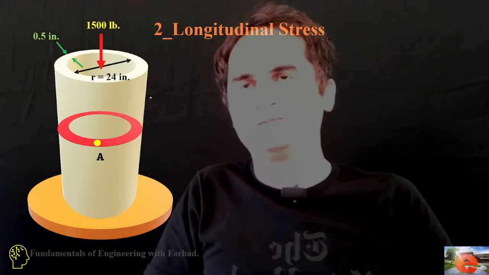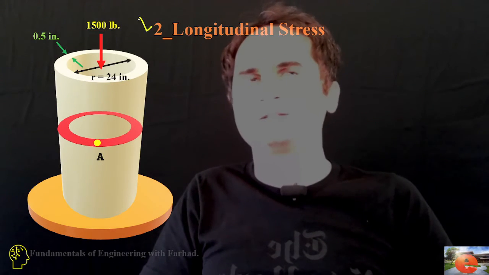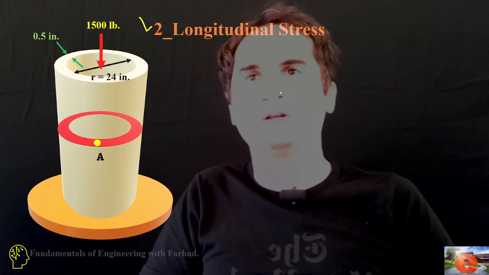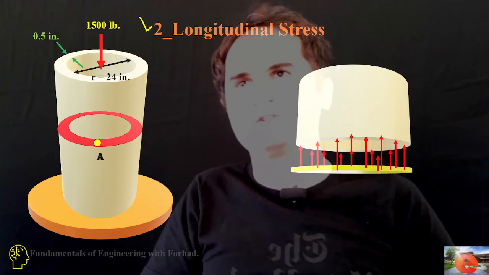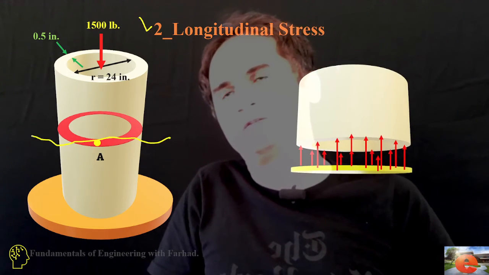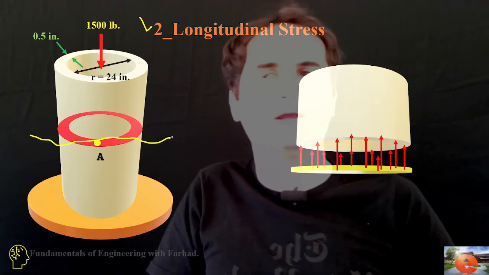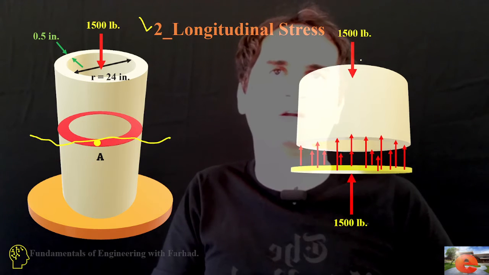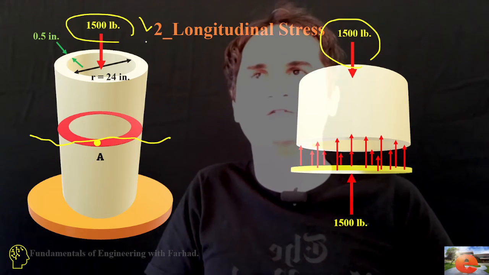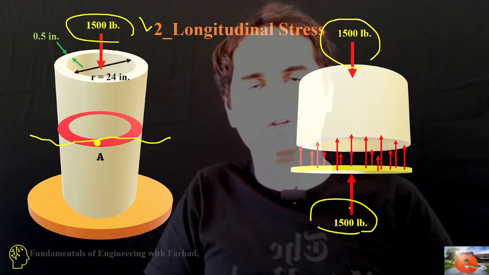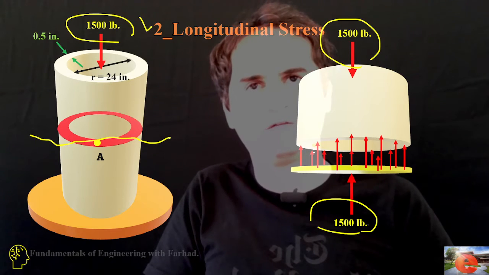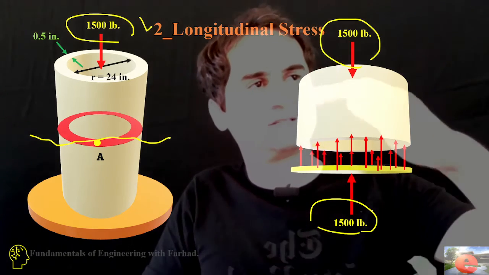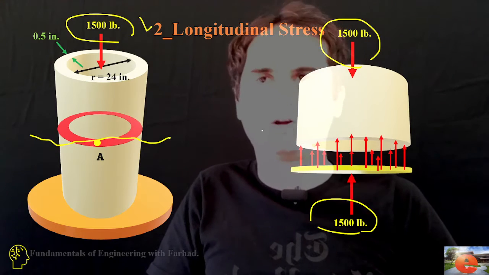And let's see how about the longitudinal one. For the longitudinal stress, if we cut the section at point A, we will have a balanced section. The 1500 applied at the top should be cancelled out by the effect of the section, because the section is in a balanced condition.